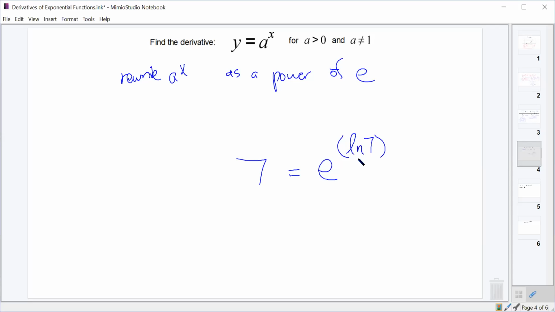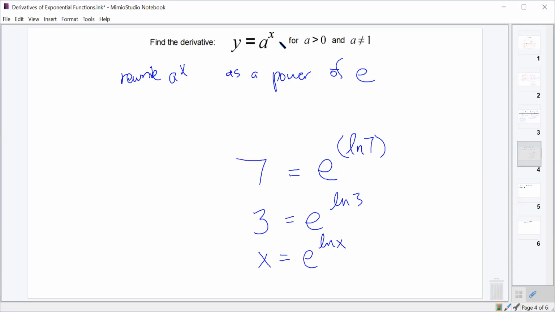Isn't that the same thing? Yeah. Have you seen that before? Yes. Yeah, okay. These things that you've seen before are important. You have to remember them. So 3 is e to the natural log of 3, and x is e to the natural log of x.